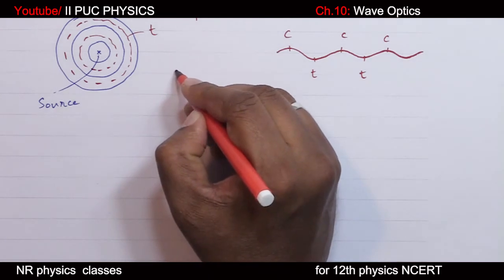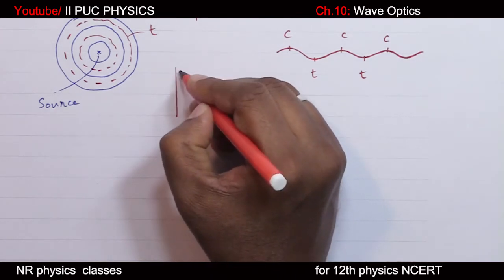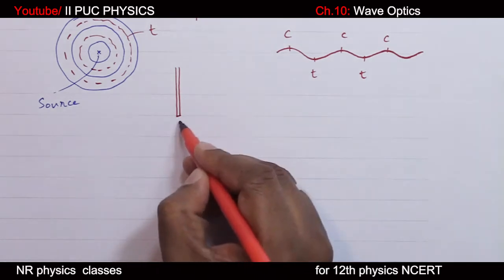If this is a cardboard with two slits, there is a small gap.